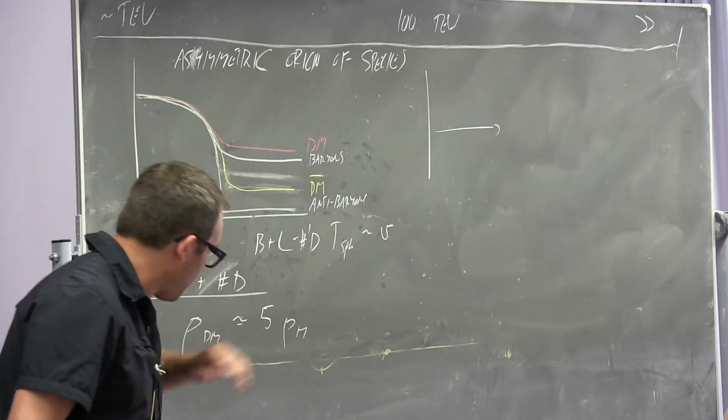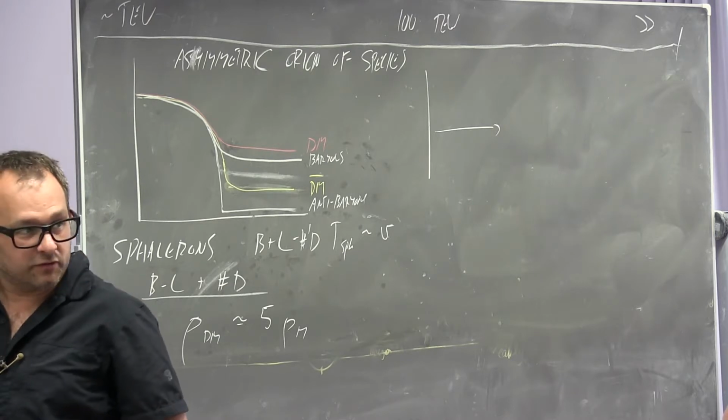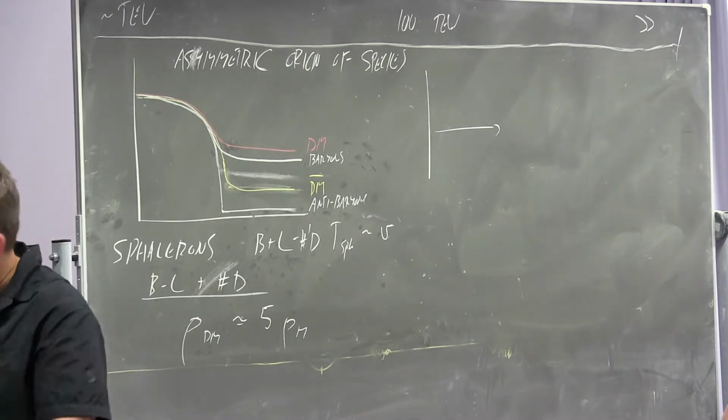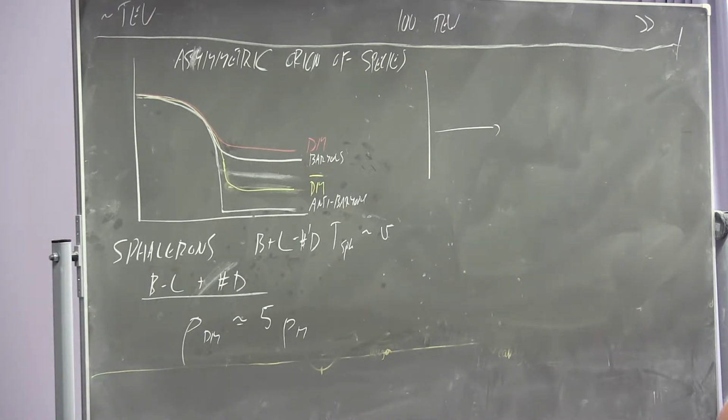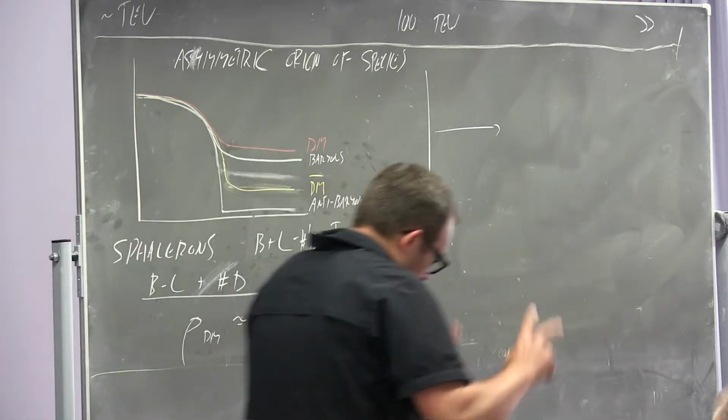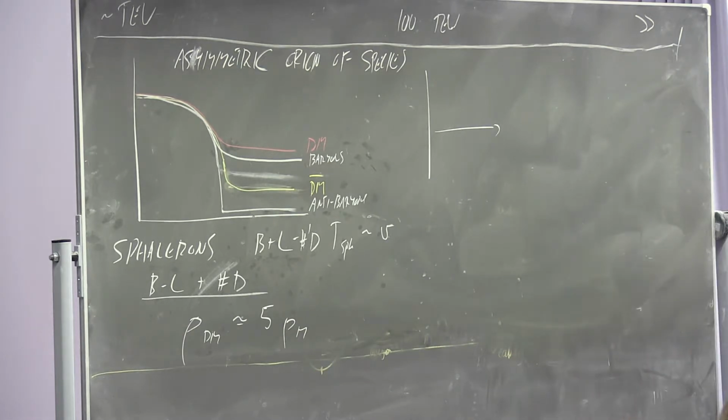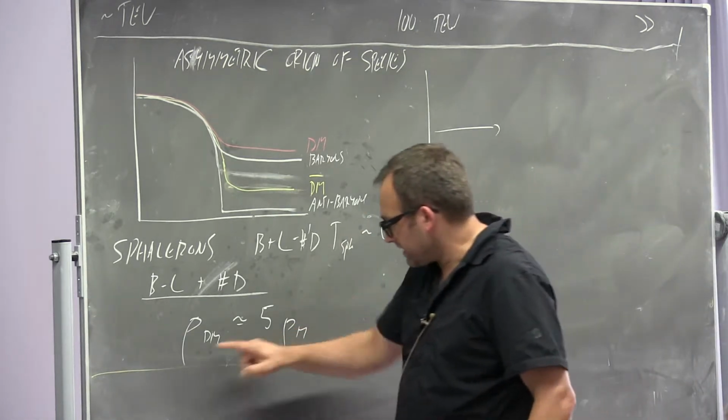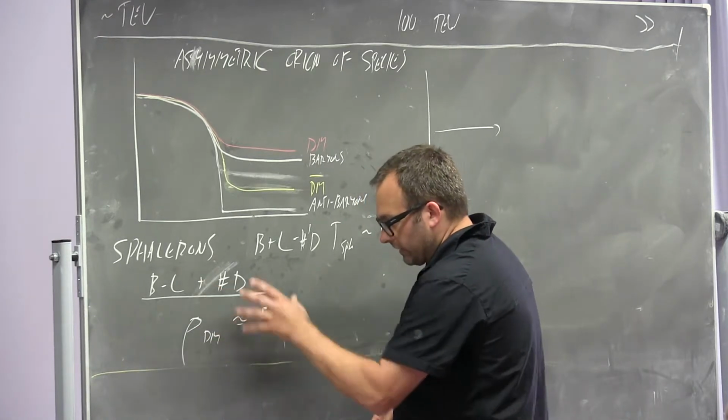So it just happens to match matter, but there was no reason for it to do that. Could have been much larger, much smaller. Same thing here, same thing there. All I have to do is adjust parameters, and I can get whatever abundance I want. Well, okay, within reason, right? But I can get wildly different abundances. This mechanism is interesting precisely because it could link these things together.